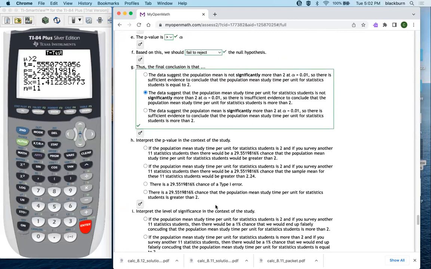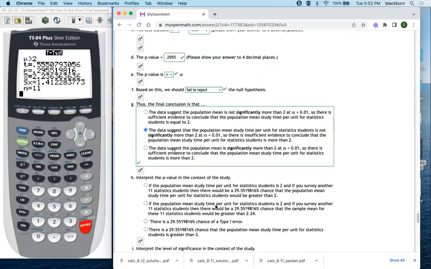Now the p-value in the context of the study: the p-value is 29.55%. So it's one of the first two. The first says if the population mean study time for statistics students is 2 and you survey another 11 stat students, there would be a 29.55% chance that the population mean study time would be greater than 2.